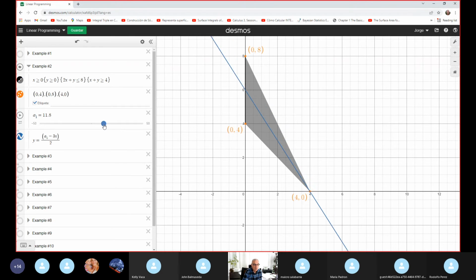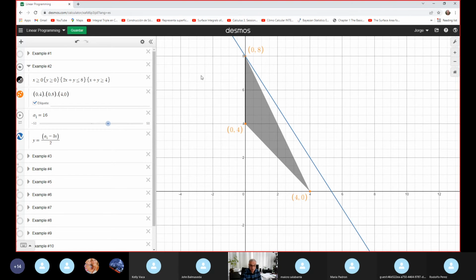Another point is outside, where the value is bigger, 21. However, it doesn't belong to the feasible region. So this is the problem: what makes sense according to my word problem is only inside the feasible region. Outside, it's stupid. The first time my objective function touches the feasible region is in the corner 0,8, and the answer is 16.